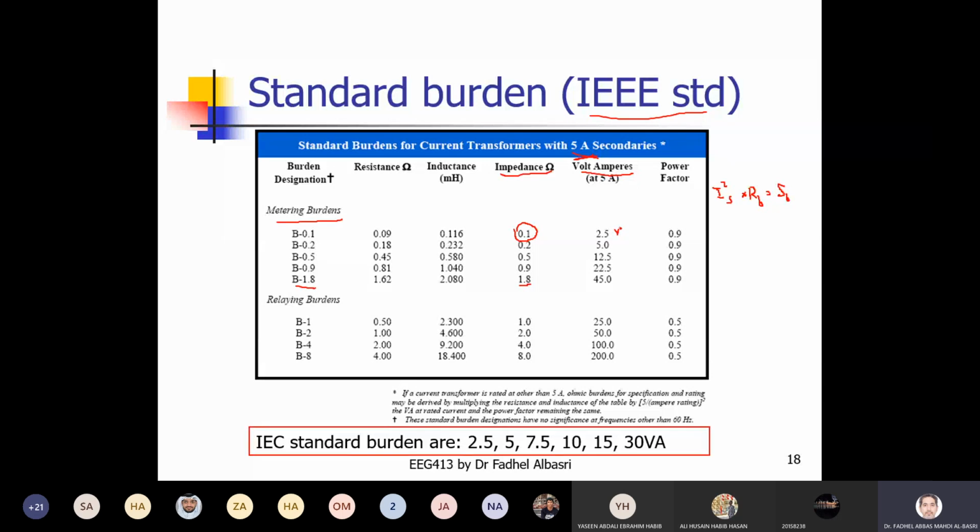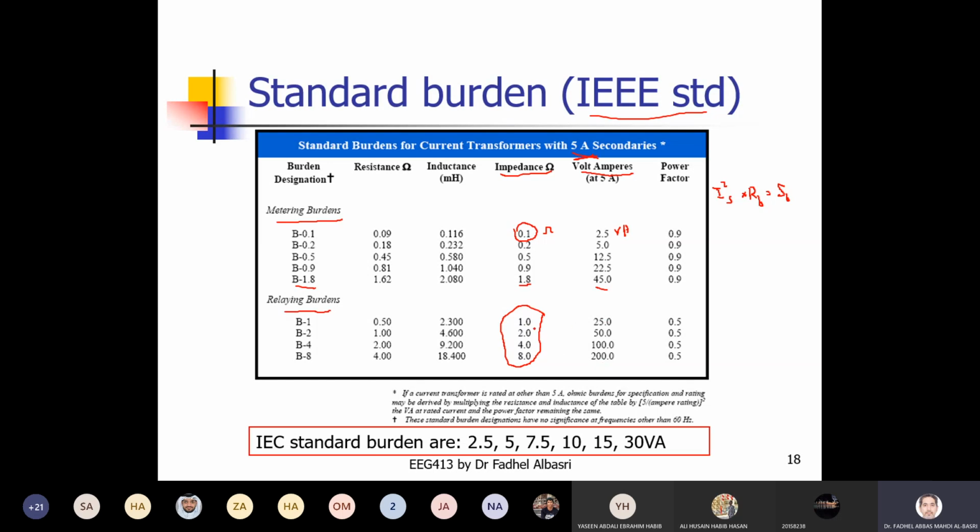So this is in volt ampere, and this is in ohm. And for the burden class of 1.8, it will be 45 volt ampere if you multiply 1.8 by 25. Similarly, for relaying applications, the burden is either 1, 2, 4 or 8 ohm. These are the 4 standard burdens.